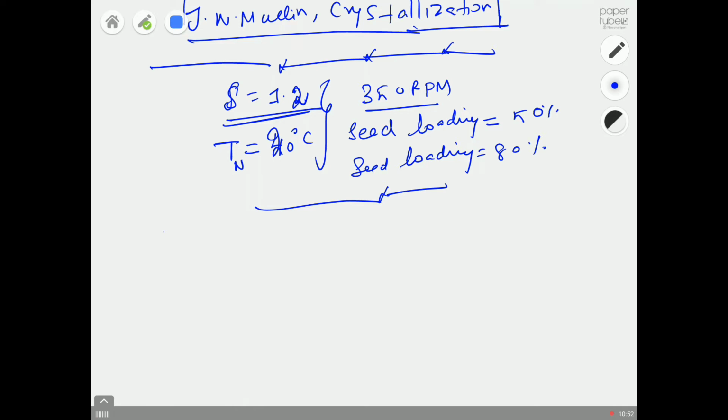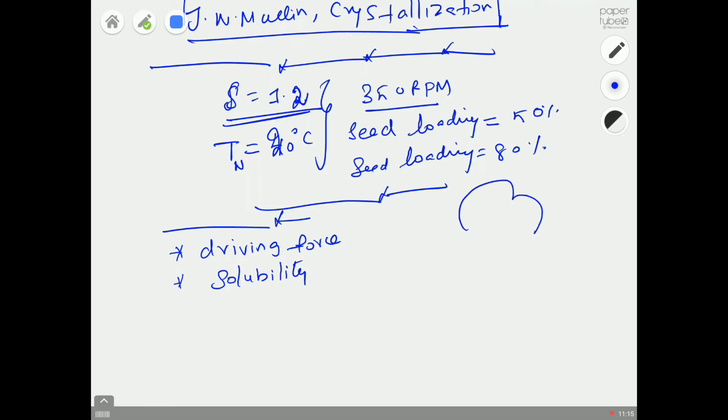So I will quickly list the topics that we are going to cover. One is the driving force required for crystallization. Then I will talk about solubility. Whenever we talk about crystallization, you must think about solubility.